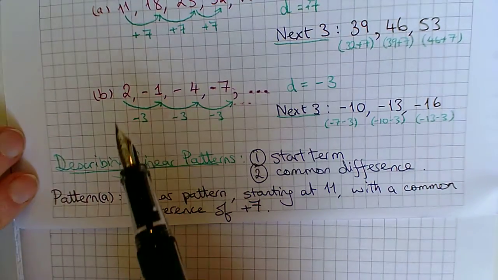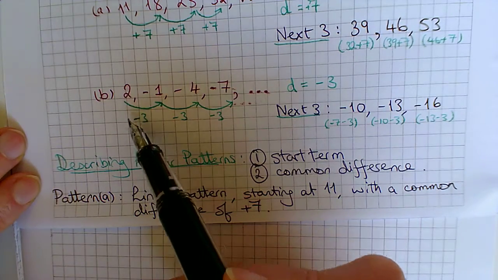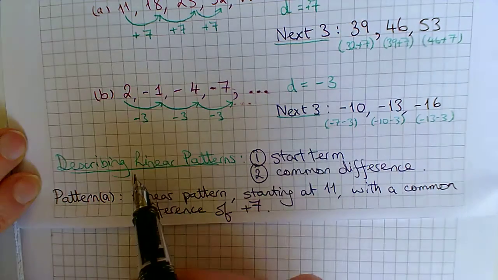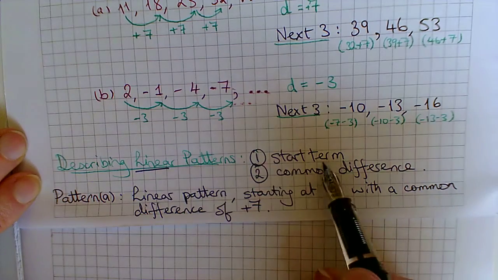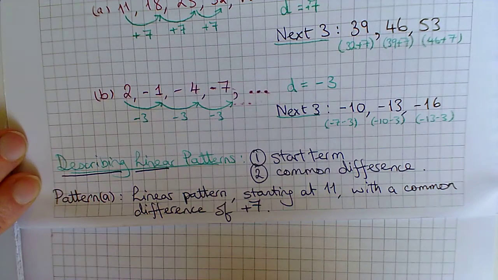Pattern B, I'm not going to write it down, is a linear pattern starting at 2 with a common difference of -3. So you need that it's a linear pattern, you need the start term, and you need the common difference, as you can be asked to use words to describe a pattern.